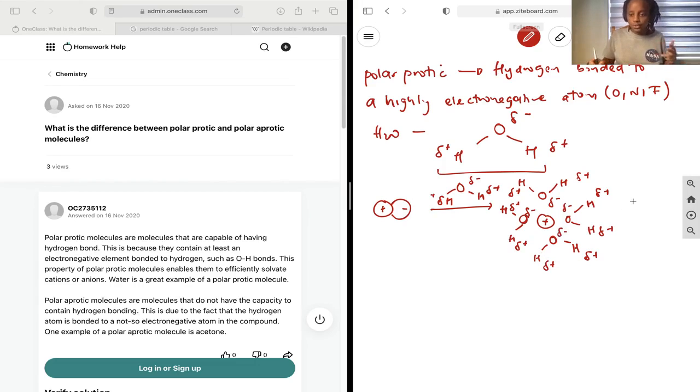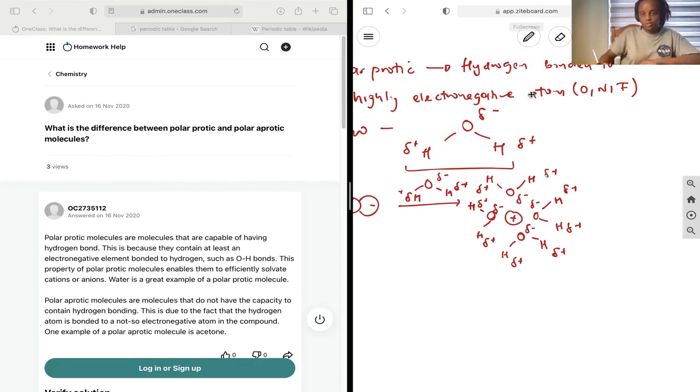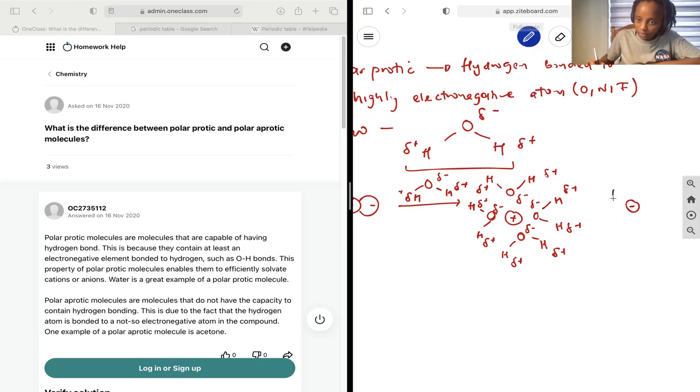And you're going to have the same thing occur with the negative charge, except now the hydrogen will be strongly attracted to it. So you're going to have a negative charge, let me just put them in blue, surrounded by hydrogens.